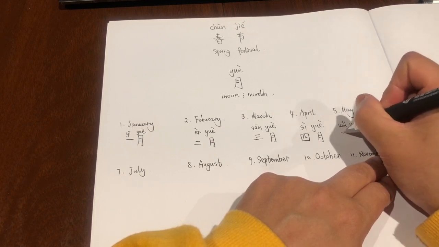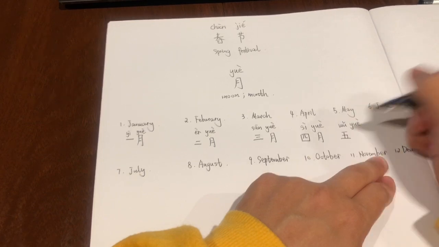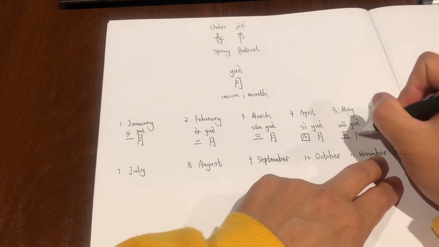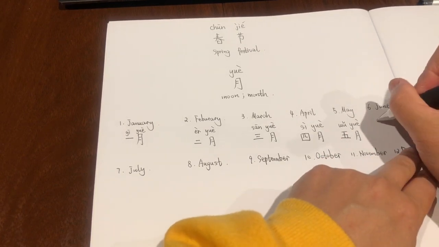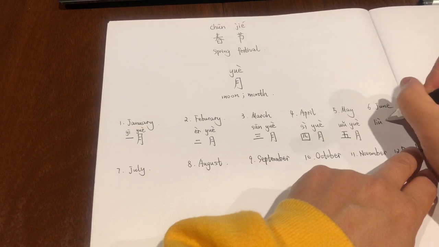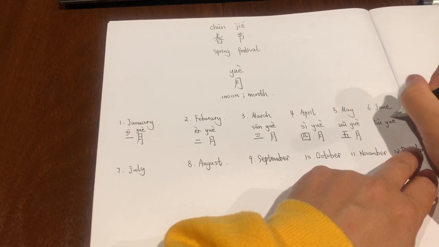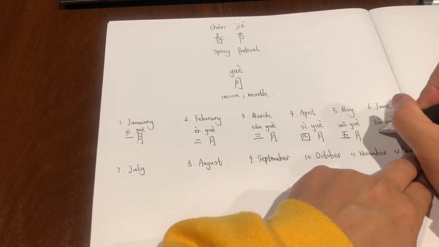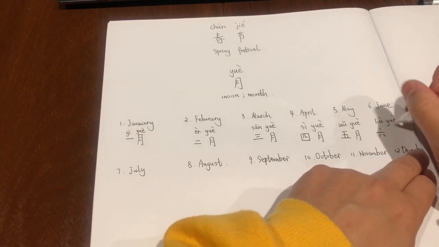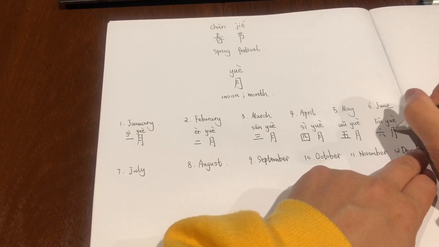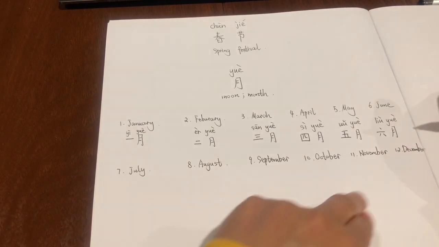We do a T, turning stroke, horizontal stroke, and then 月. June, which is number 6, 6月. 6, dot, horizontal stroke, another dot, and then another dot. Here. 6月.